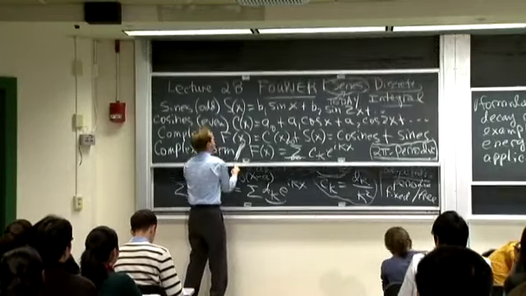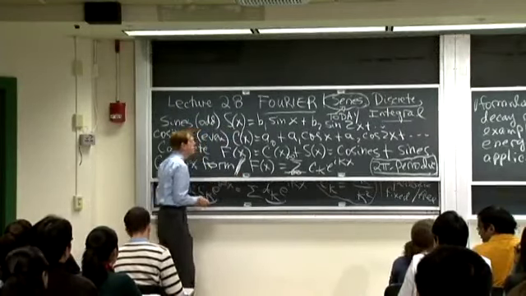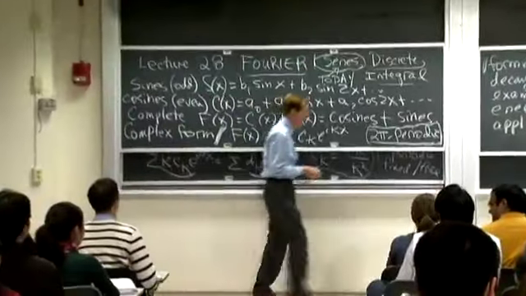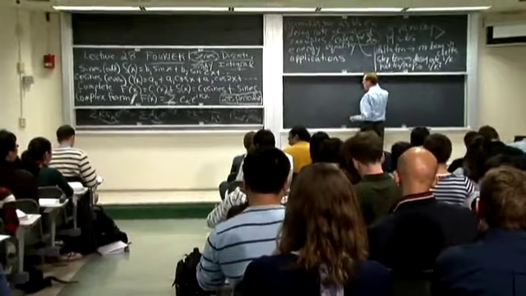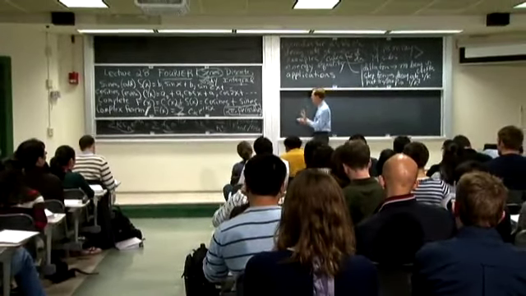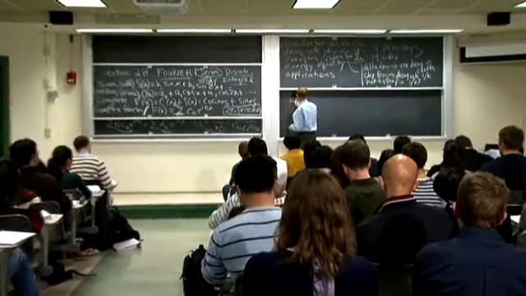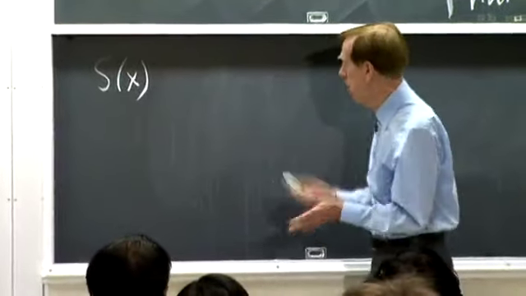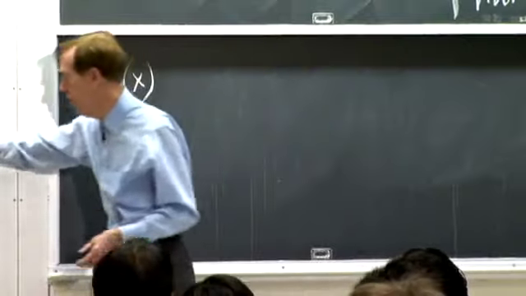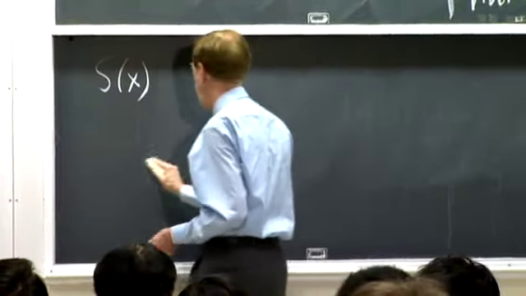Let me take an example. A particular s of x, the most important, interesting function, s of x. I want it to be an odd function so that it will have only sines, and I should have period 2 pi. So let me just graph it.